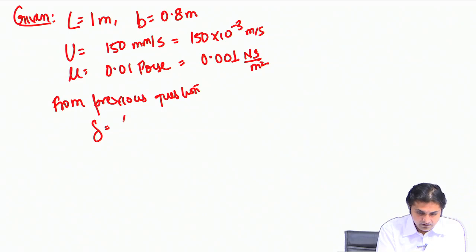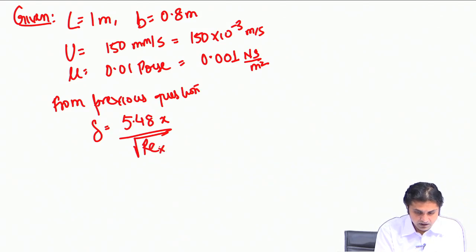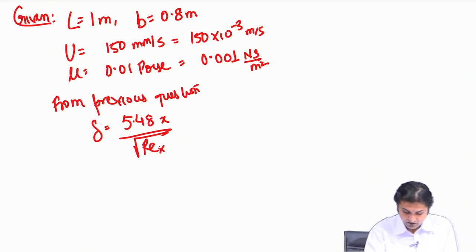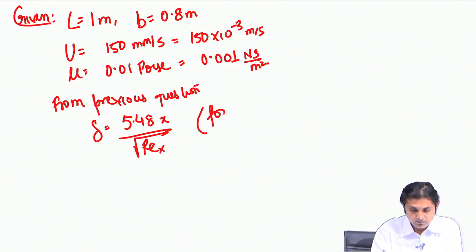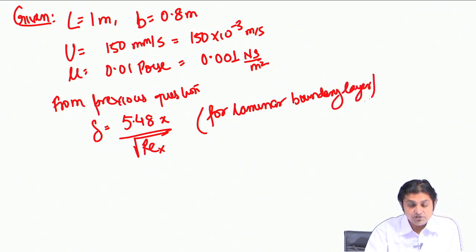So what we have found out from the previous question, delta is 5.48x divided by under root Re_x, Reynolds number, for laminar boundary layer, right? Why laminar?